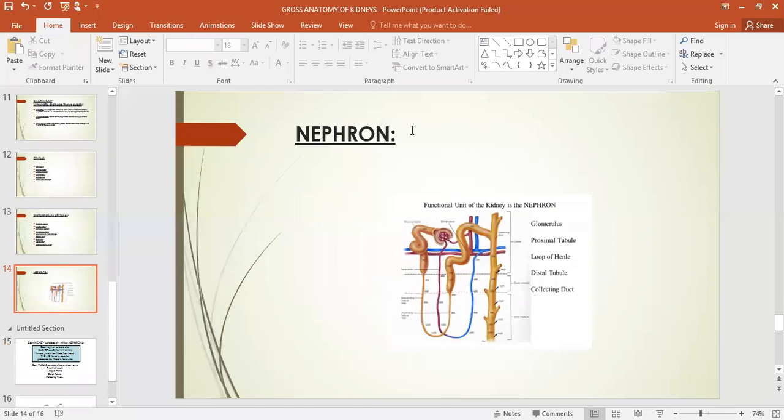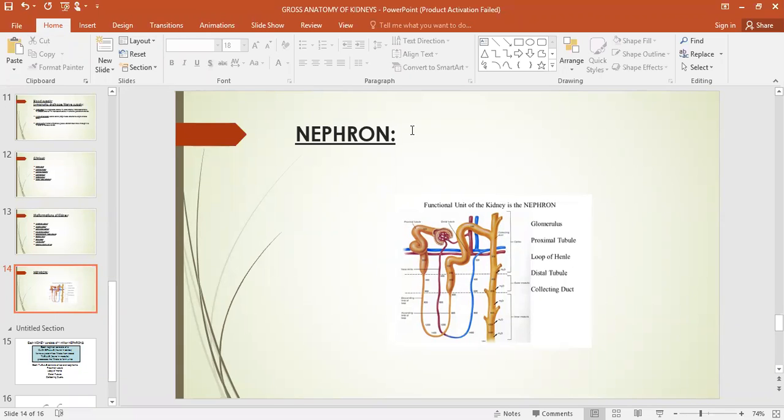Nephron. So, nephron is the anatomical and functional unit of the kidney, and there are about 1 million nephrons in one kidney. Okay.